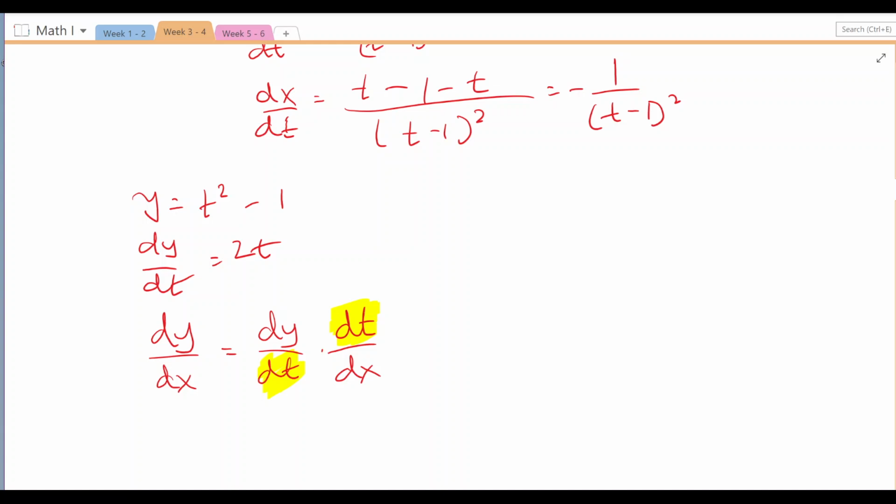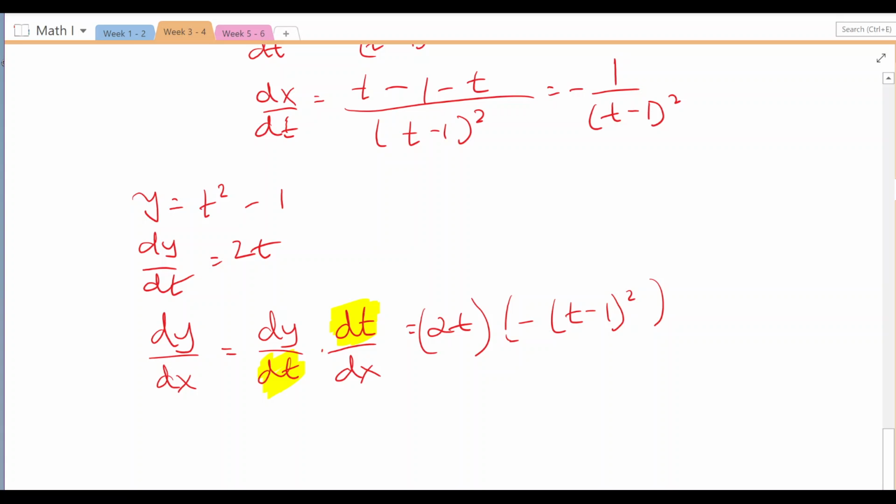We have the information to answer because we have dy over dt, which is 2t, and our dt over dx is the inverse of dx over dt, which is simply negative t minus 1 squared.